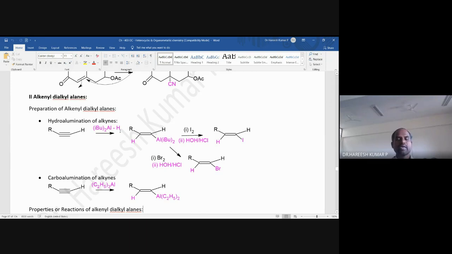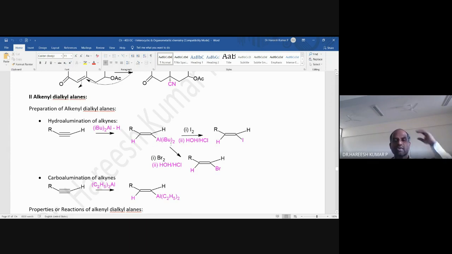So hydroalumination is happening. That means hydride will add to the more substituted carbon atom, and aluminum will add to the less substituted carbon atom. That is how an alkynyl dialkyl alane is obtained.